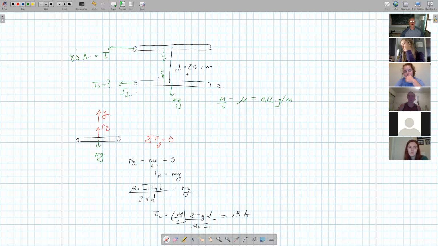Good. So again, if they were in opposite directions, this would result in a repulsive force. Each one would feel a force in these directions, which means I would now have two forces pushing down with nothing keeping it upward. In that case, the sum of my forces would be equal to MA, because the magnetic force plus the gravitational force would be equal to MA.